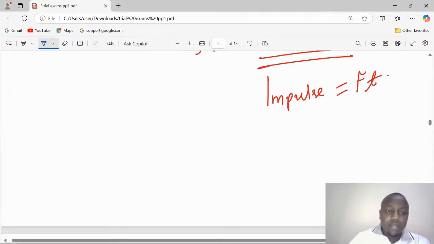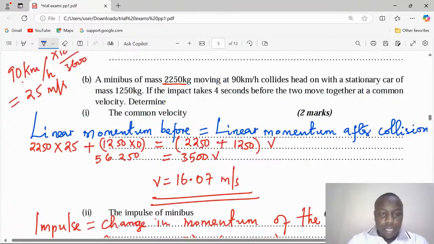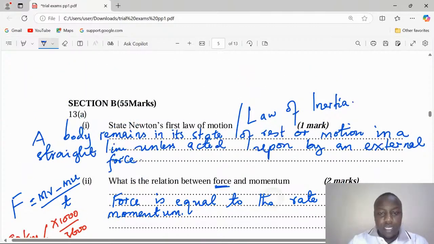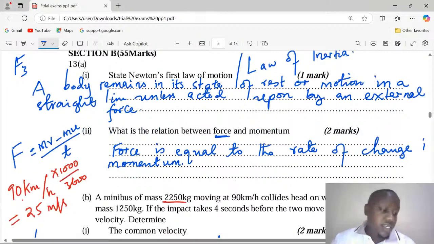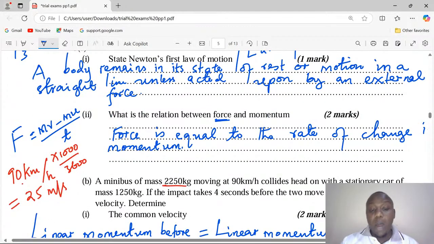Then at this point, we are talking about Newton's laws of motion, also Form 3. It's good for you to know that physics paper 1 has its backbone in book 3. So revise book 3 widely. It will give you more than 3/4 of the marks in physics paper 1.